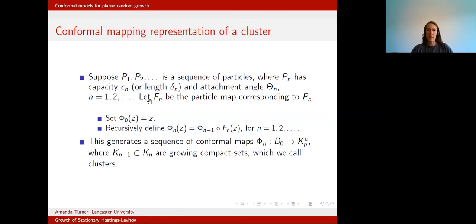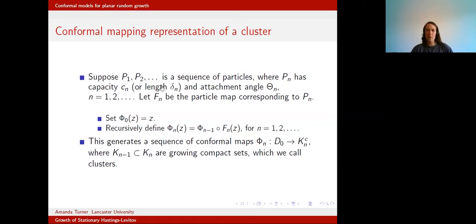So we need a sequence of particles, which we describe by their capacities or their lengths, and we need a sequence of attachment angles corresponding to where we're going to put them on the cluster. And if we know the length of the slit, we can obviously write down a mapping, as I said before, corresponding to that slit of that length. And in order to attach at different places, you can just conjugate by rotation, so as to get the particle at the right angle.